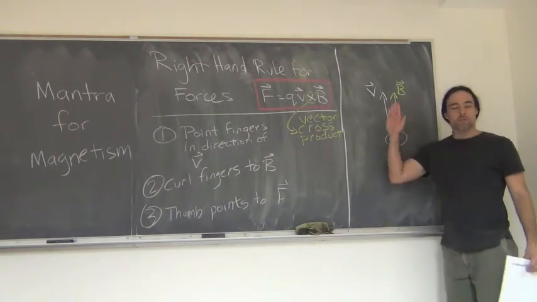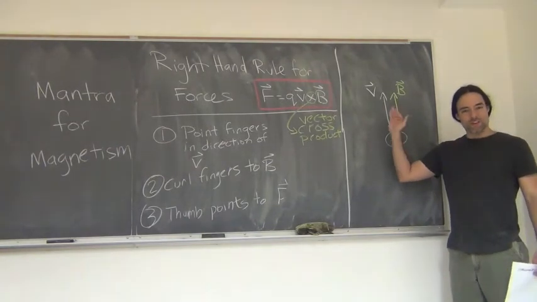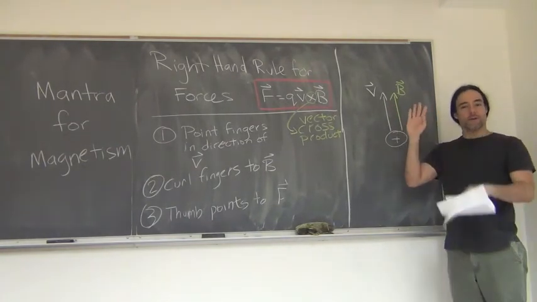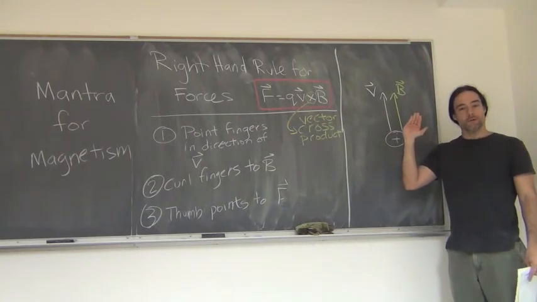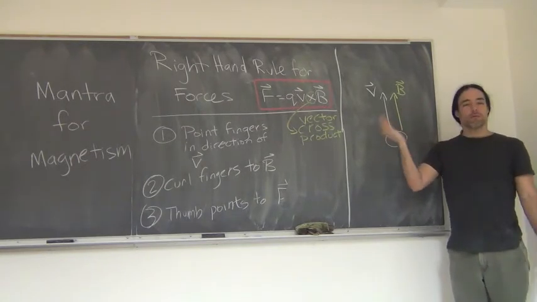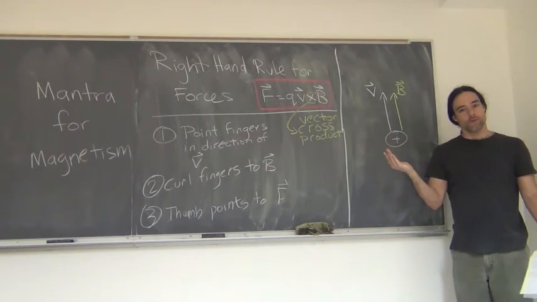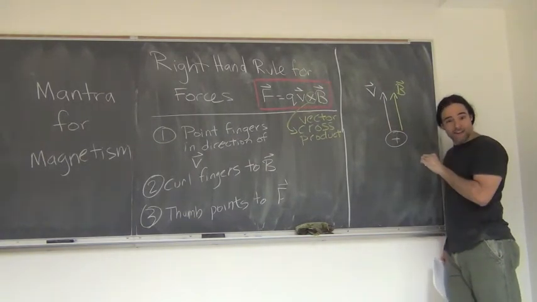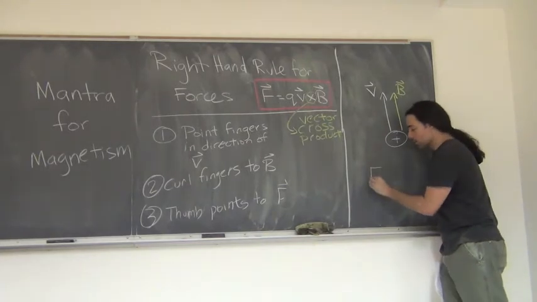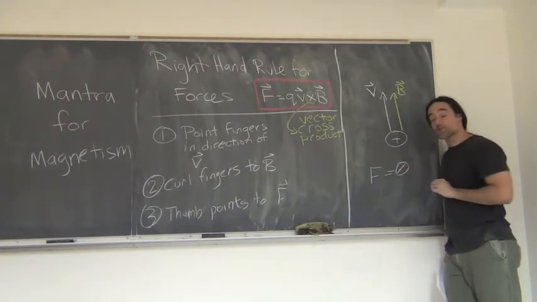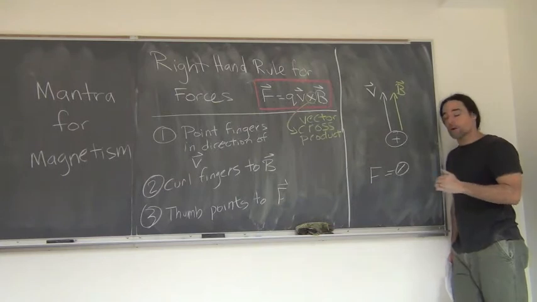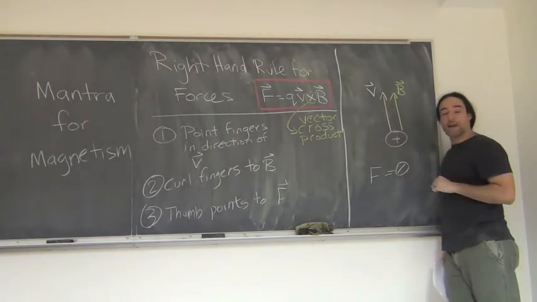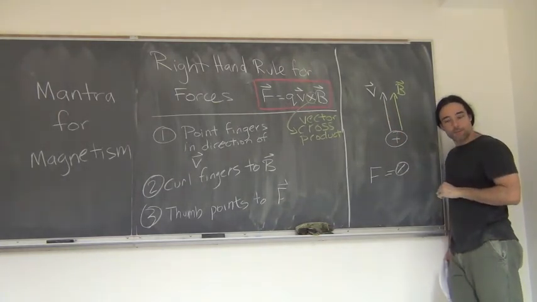Well, V and B are pointing in the same direction, so I can't really curl, like if they're both up, I can't curl to up. So how do I figure out the direction of the force? Well, it turns out in this case, if the velocity and the magnetic field are in the same direction, your force is going to be 0. There is no force if velocity and magnetic field are pointing in the same direction.